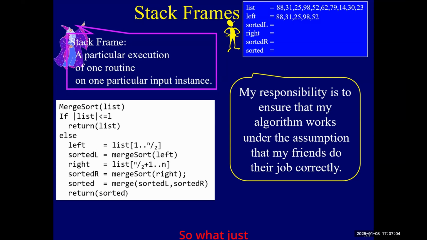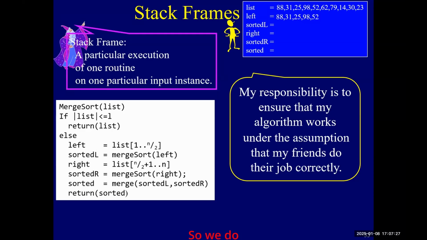What just happened there is we took our input, stored in one place, and copied half of it to another place. That took too much memory and too much time, and that's why quicksort is better, because it doesn't do that.